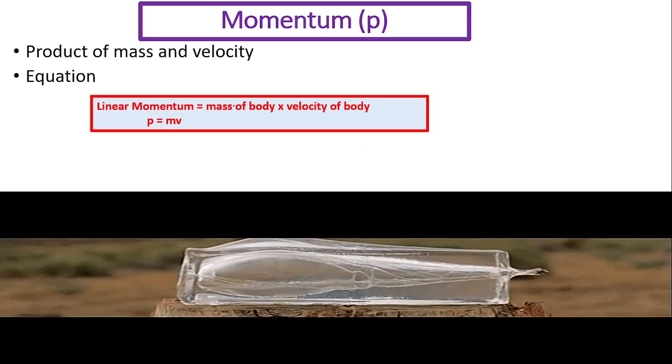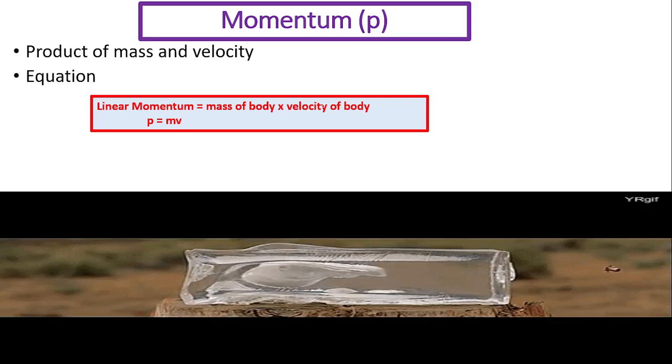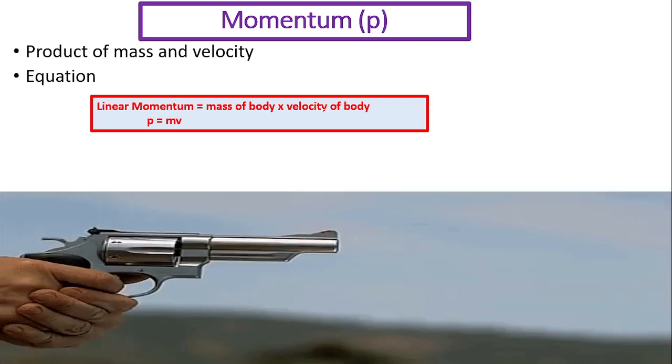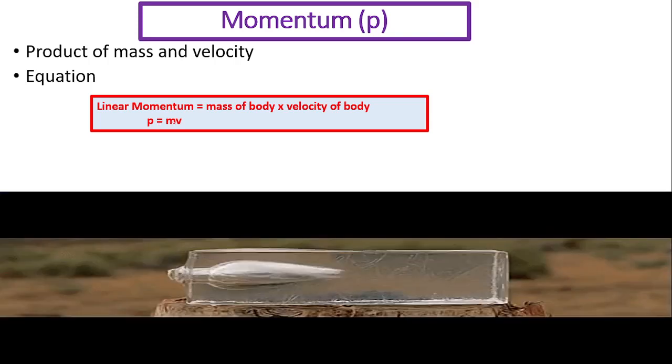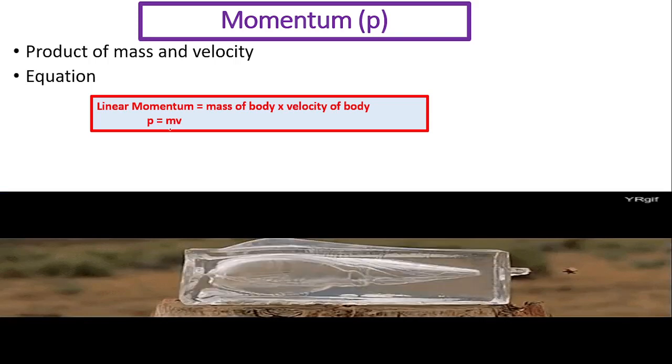So the mass of that body and the speed or velocity at which that body is moving. So momentum can just be said to be equal to mv.